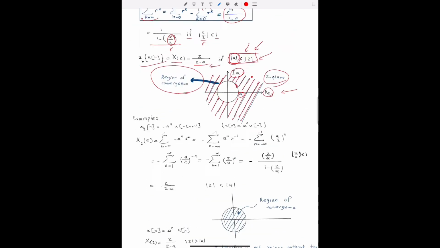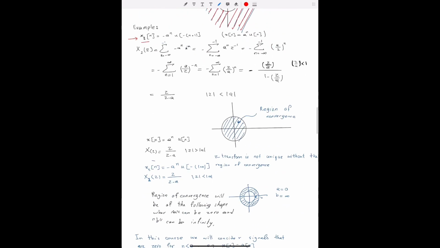Okay, so let's do another example. So if we have x2 of n equal to minus a to the power of n u of minus n plus 1, and we want to find the z transform of this. So I've written here how to find the z transform first. For your practice, you can first do the z transform of this, and then you can double check your answer from here.